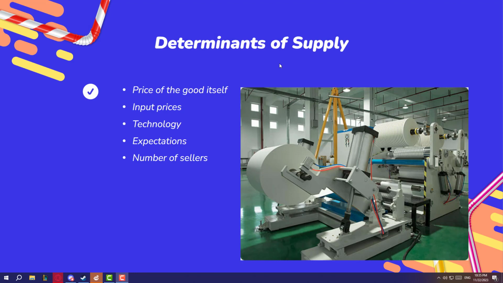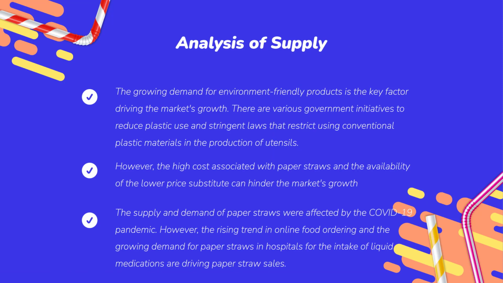We're moving on to the determinants of supply. There's the price of the good itself, input prices, technology, expectations, and number of sellers. Let's analyze the supply. The growing demand for environmentally friendly products is a key factor driving market growth, along with government initiatives to reduce plastic use.